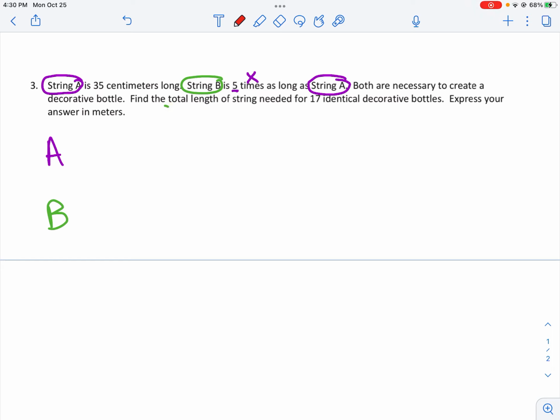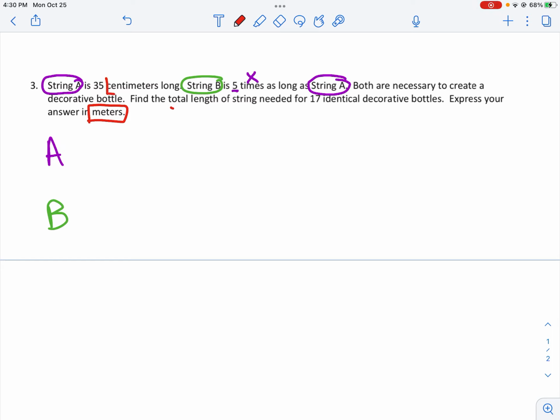Now, total normally you would think that it means adding, but because we have 17, it means something a little different, but it's still in the addition family, not the subtraction family. So we're not subtracting after. We have a total, so we know we're going to get larger. You're going to express your answers in meters, so we have to take another step after that.